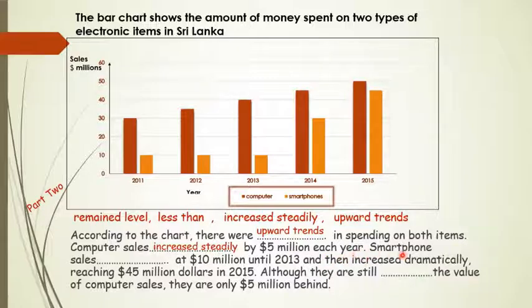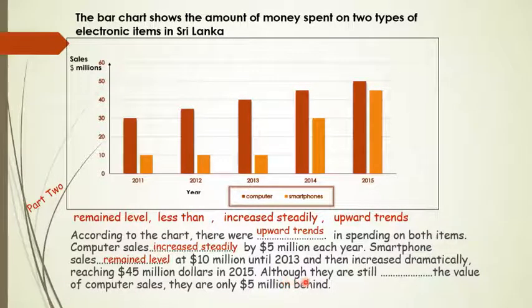Smartphone sales, yes, good, remained level at $10 million until 2013. See, remained level until 2013 and then increased dramatically, reaching $45 million here, $45 million in 2015.